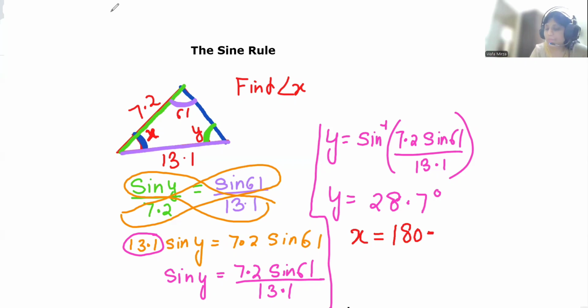So x will be equal to 180 minus the bracket of 61 plus angle y, which is 28.7. Again, you can use a calculator. So 180 minus 61 plus 28.7 will be 90.3.